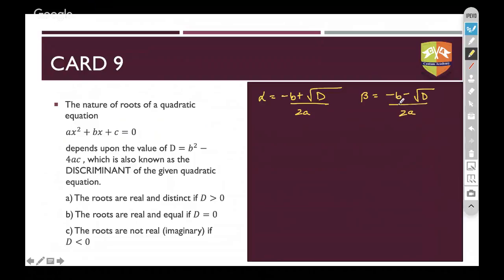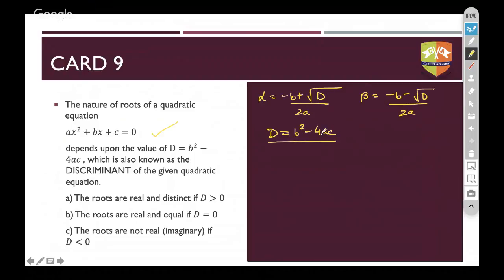These are the two solutions or two roots of the quadratic equation ax square plus bx plus c equals 0. Now, what was D? D is nothing but b square minus 4ac, right?